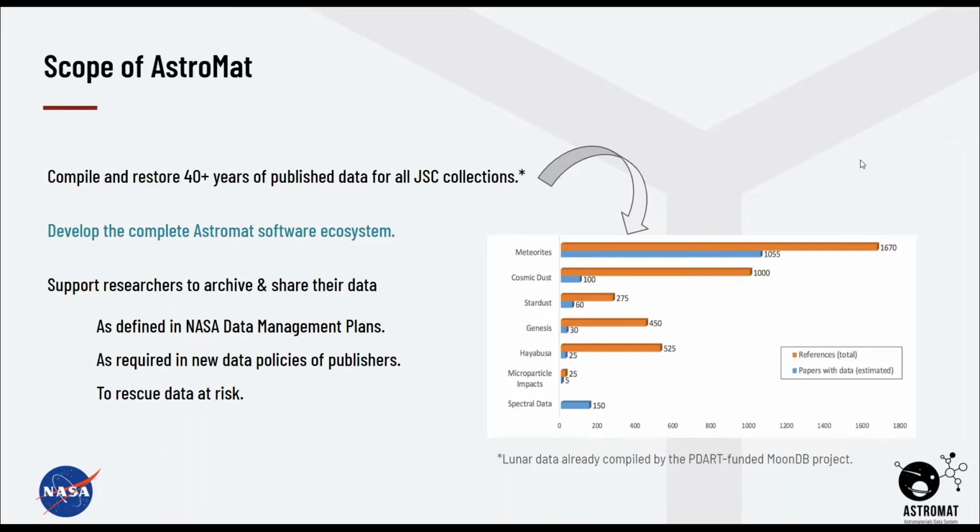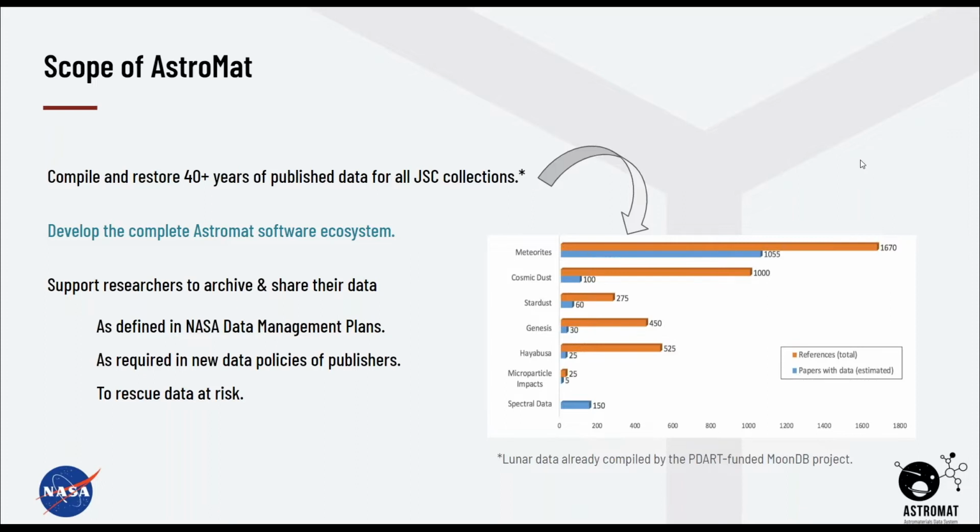And we expect that there will be publications coming out on an ongoing basis that we will include in the collection. We are then obviously very busy developing the whole software ecosystem for the Astromaterial data system to provide online user interfaces for accessing the data, for submitting data, for managing the data sets that you may have retrieved, and so on.